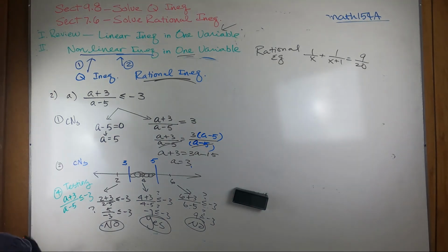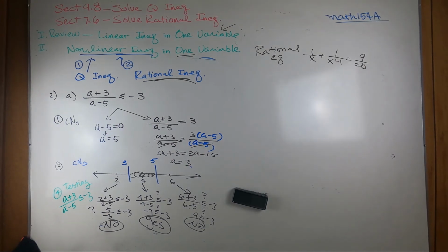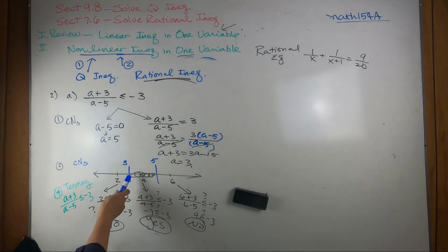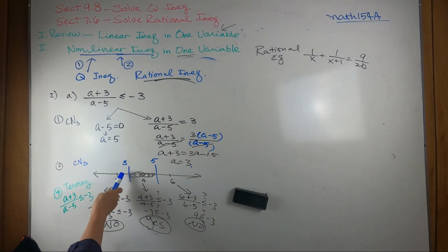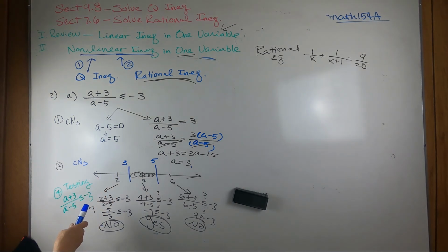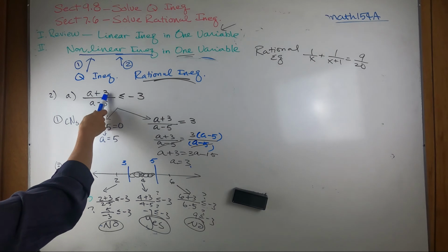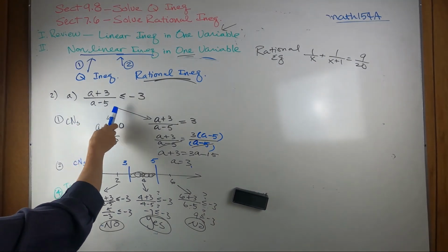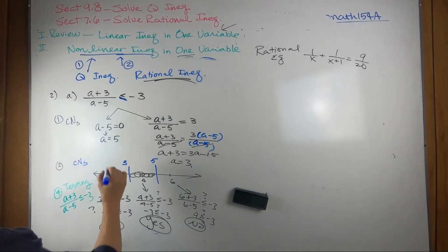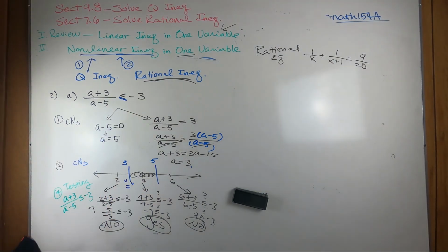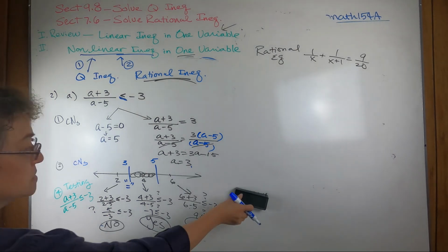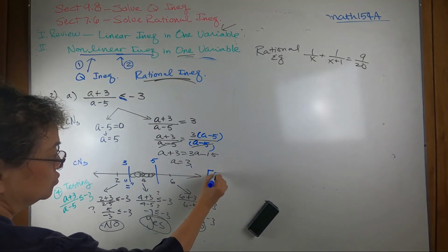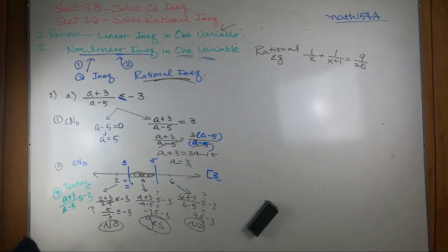However, when you write the interval notation, you need to check the boundary condition. So can it be 3? Okay, 3 plus 3 is 6, 6 divided by -2 is -3, so it's equal. So you have to include the 3.